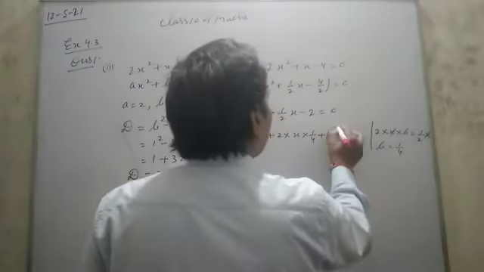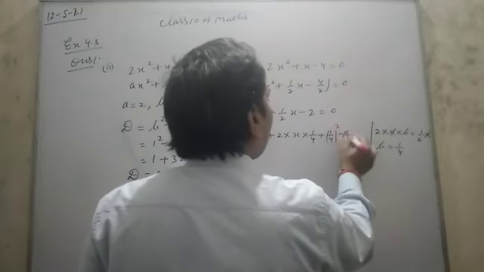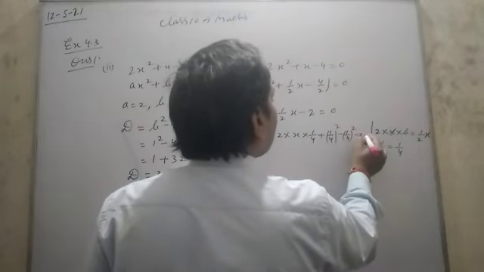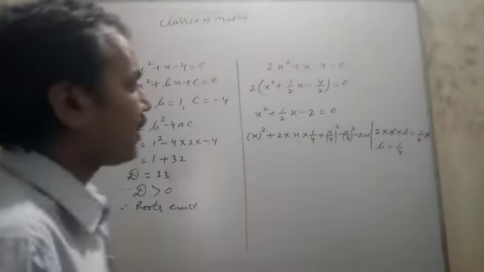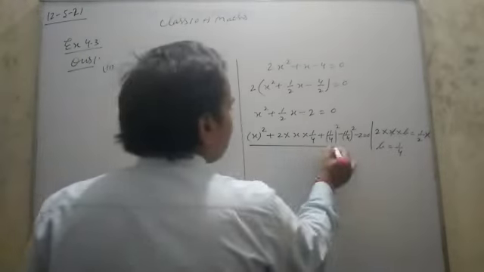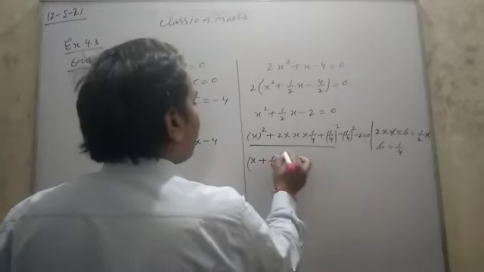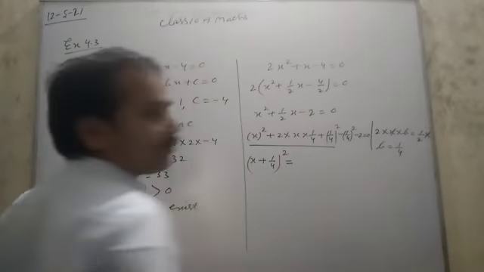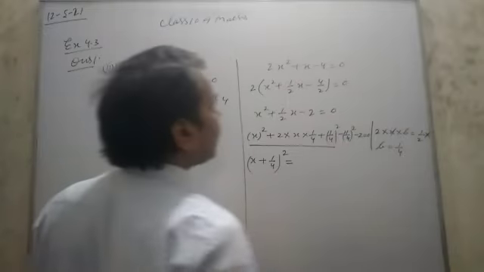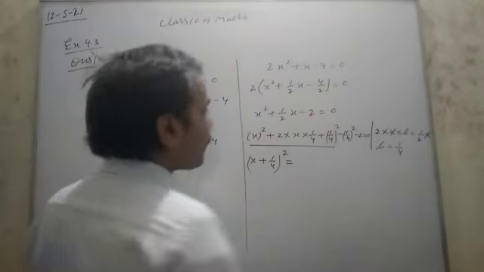So 1 by 4 whole square minus 1 by 4 whole square minus 2 is equal to 0. So in place of this, we can write x plus 1 by 4 whole square is equal to the remaining, transfer to that side. Okay.